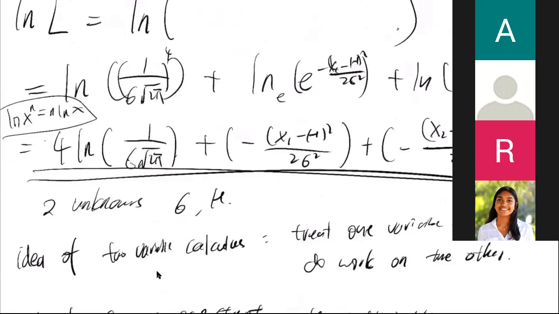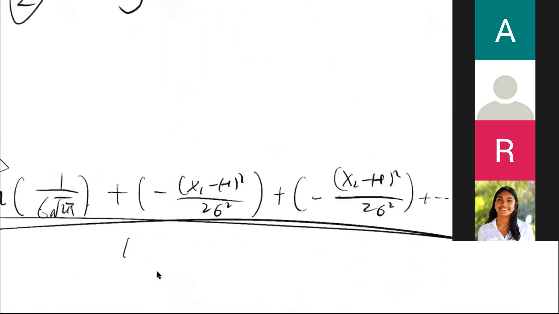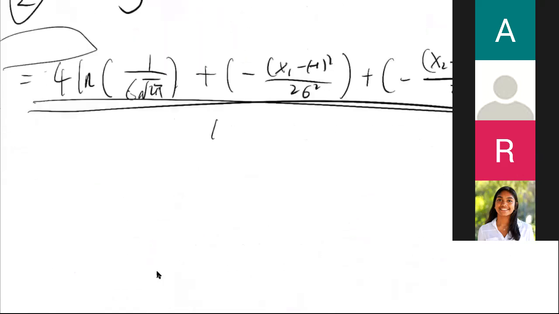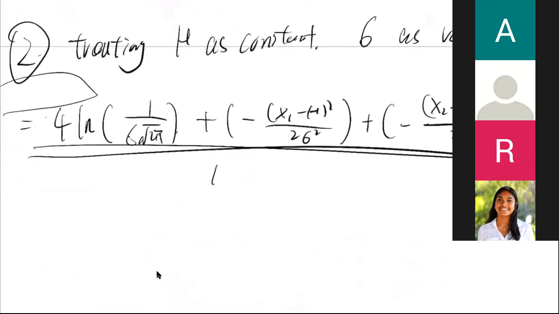Let me just copy and paste it here. So that's the equation we had before, and we are taking derivatives with respect to sigma, because sigma here is a variable. How do we do that?